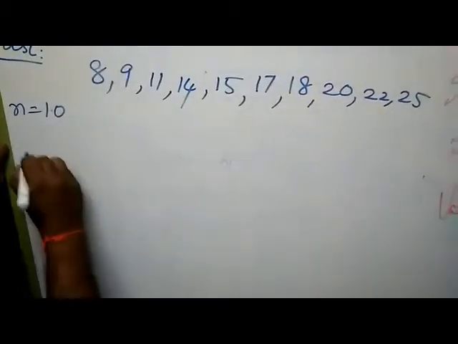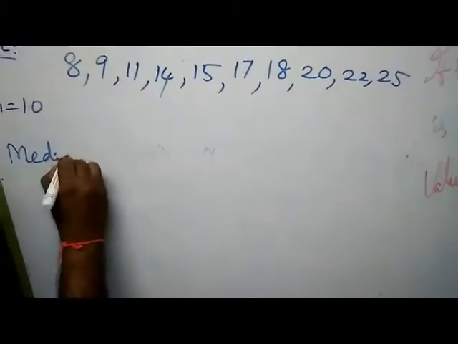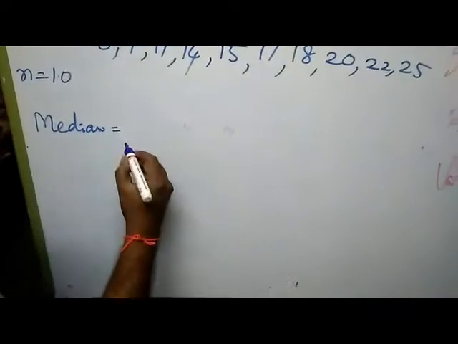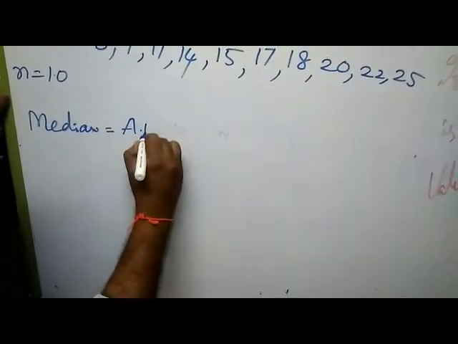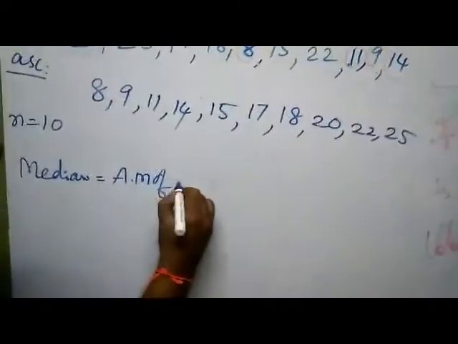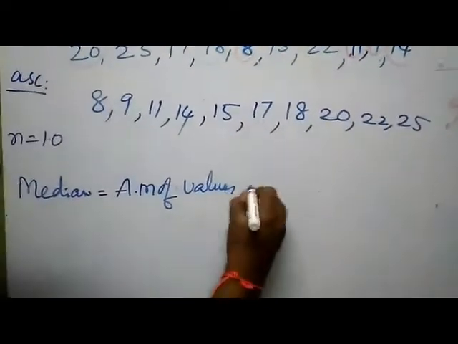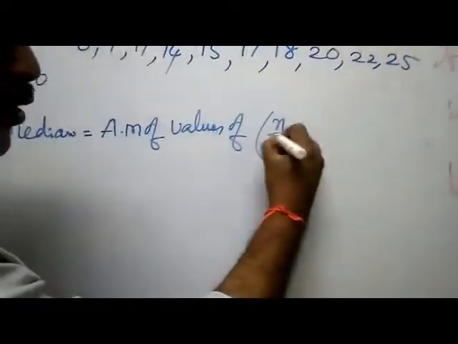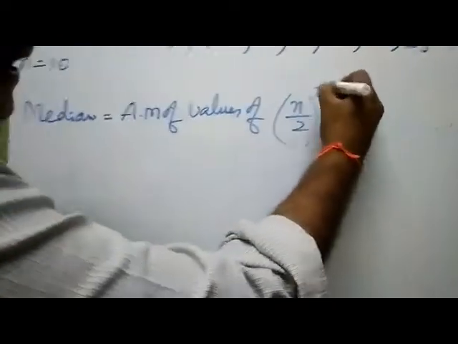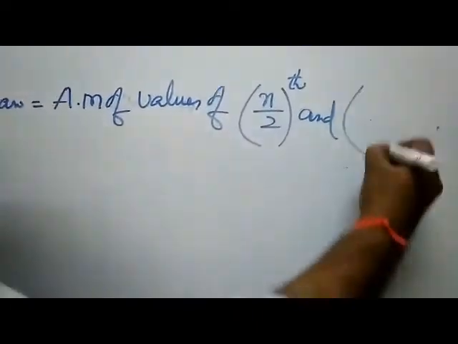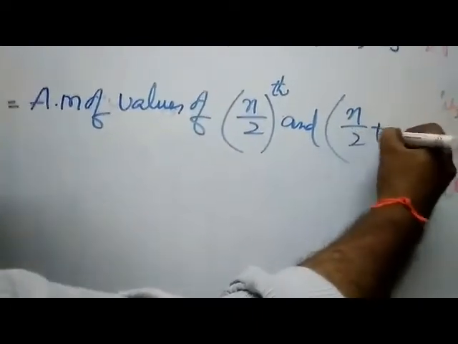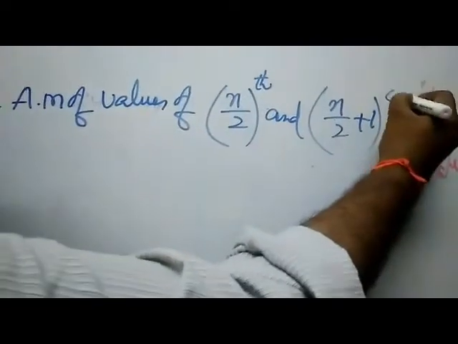What is the median? Median is equal to the average, the arithmetic mean, of the values of the n by 2th and n by 2 plus 1th observations.